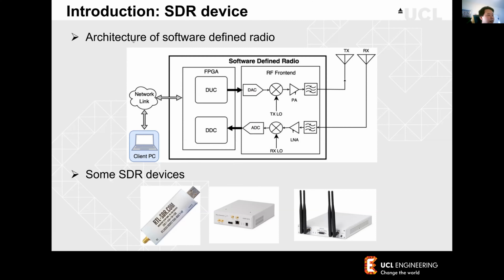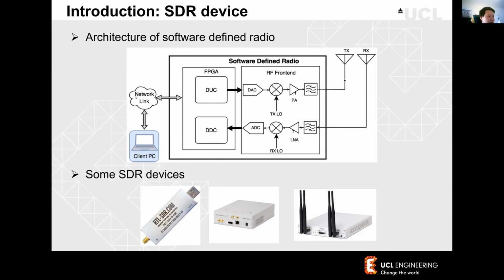Here is an example of the architecture of the SDR device. Basically, you have the FPGA, including the DUC and the DDC. And then in the IF front end, you have the DAC and the LO and the amplifier and the filters, then it connects to the antenna to receive the signal.